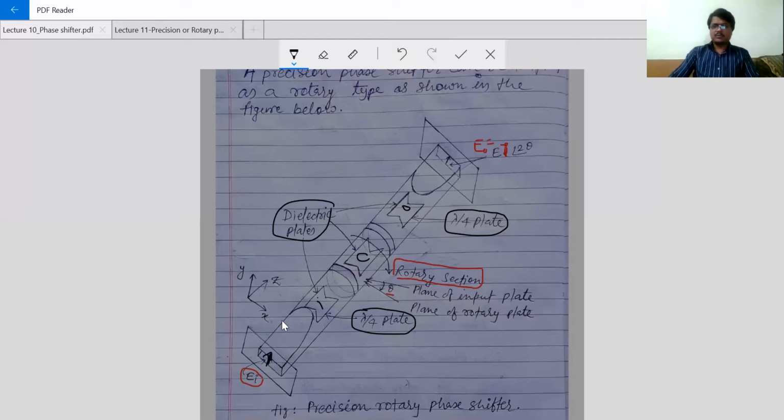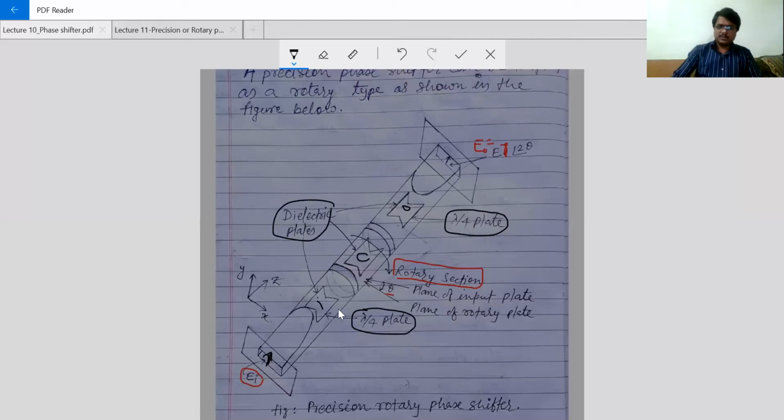Transverse electric mode we are using means the electric field will be transverse to the direction of propagation. So no problem. This input lambda by 4 plate is placed at 45 degrees to the incident electric field.